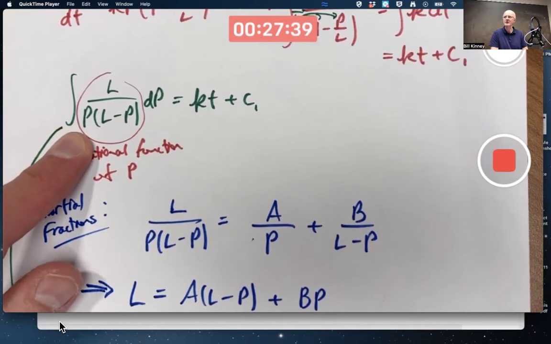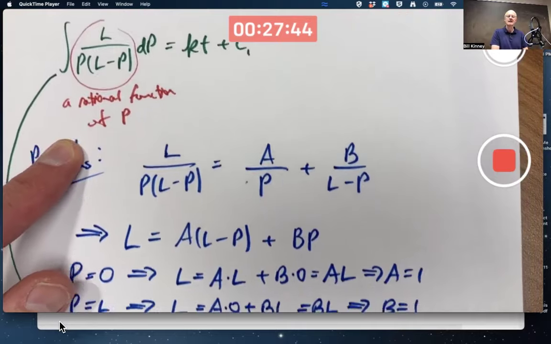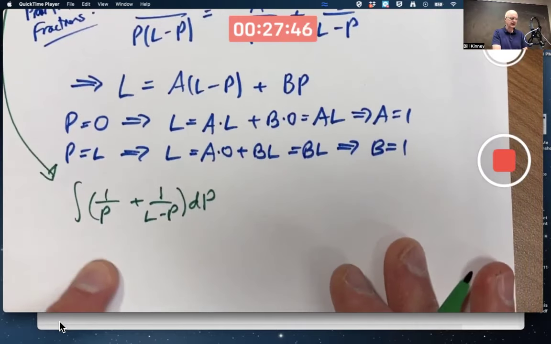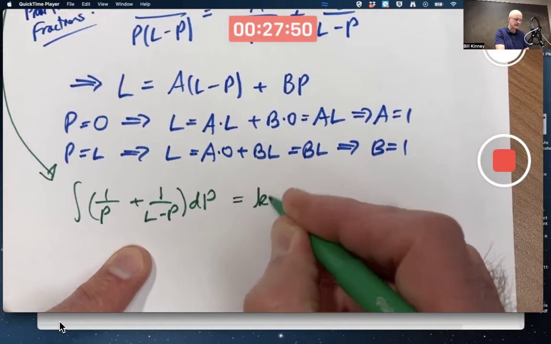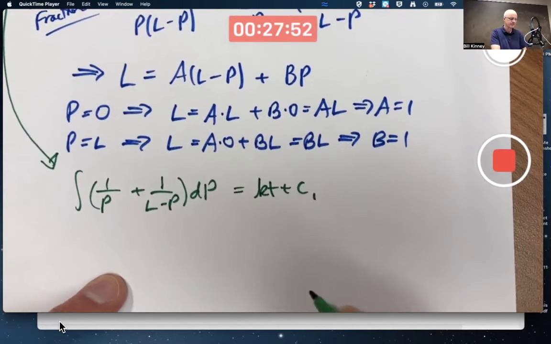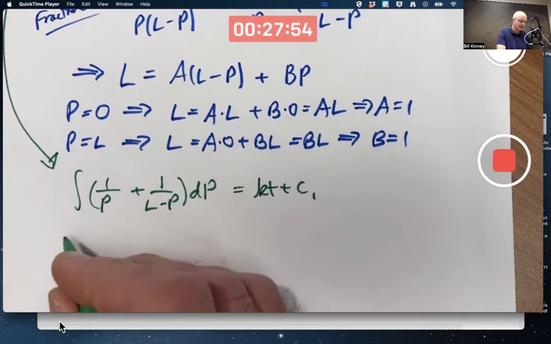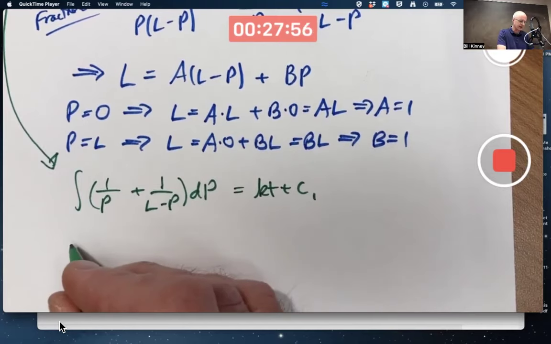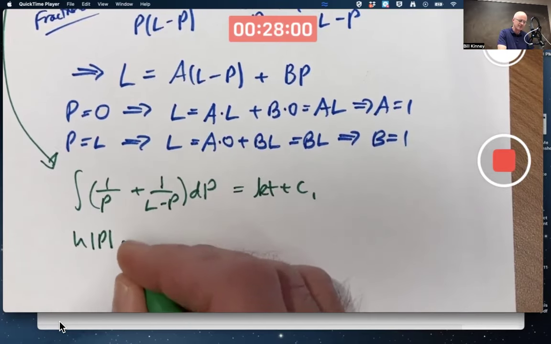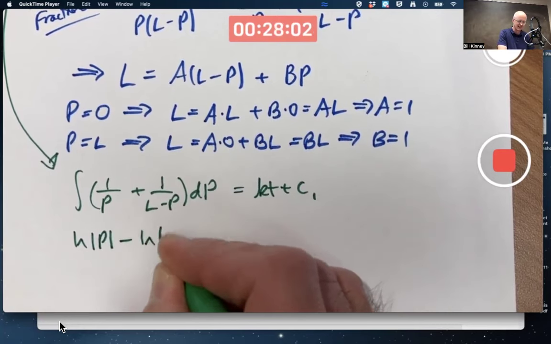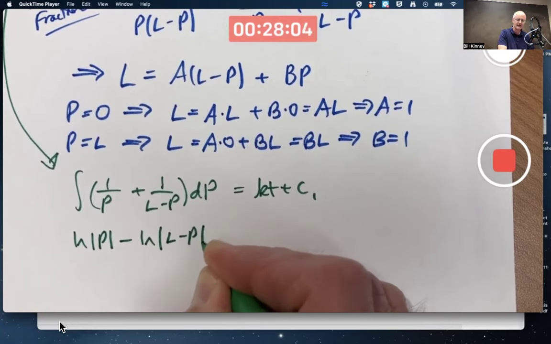The integrand function was L over P times L minus P. Since A and B are 1, we can write it this way. That's got to be Kt plus C1. What do we get when we integrate the left? We get logarithms. ln of absolute value P, careful, minus ln of L minus P in absolute value.